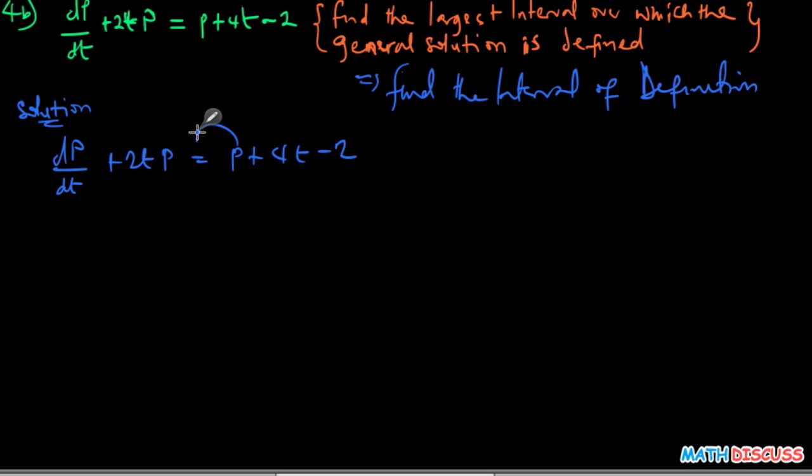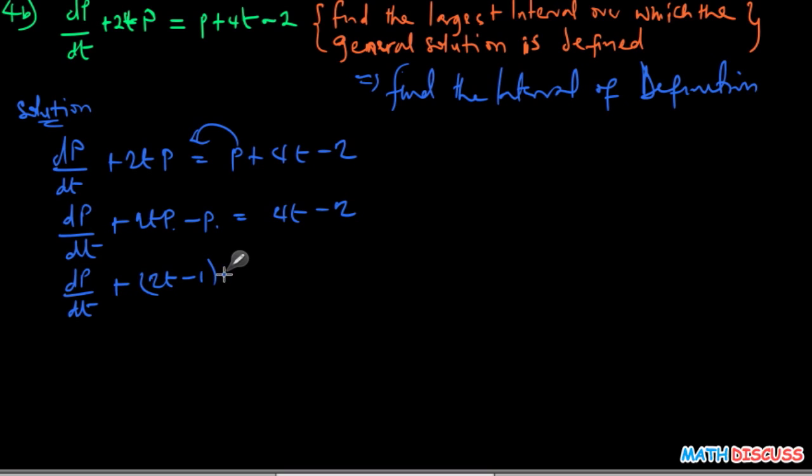So when I bring this p to this side, we have dp/dt plus 2tp minus p equals 4t minus 2. So p is common here, so you have dp/dt plus 2t minus 1 into p equals 4t minus 2.